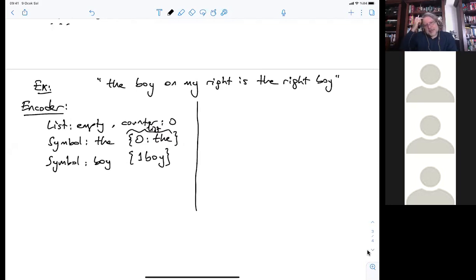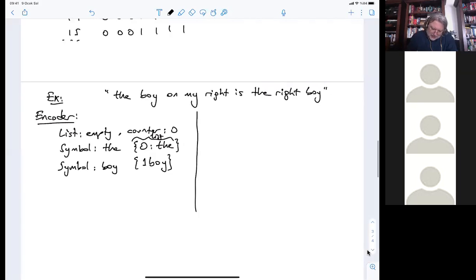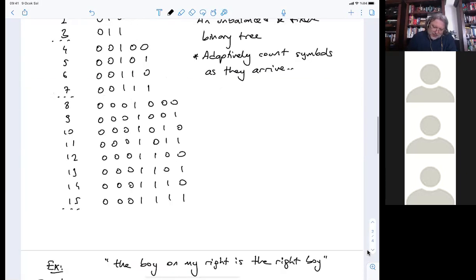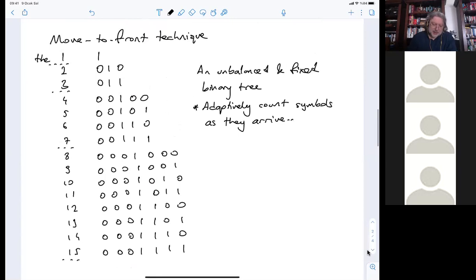So now we emit the symbol 1, boy, and the new list becomes like this: 0 boy and 1 the. In other words, I'm scrolling up a little bit, and I'm going to erase this "the" from here and insert "boy" here, and "the" will be pushed downwards 1 step.